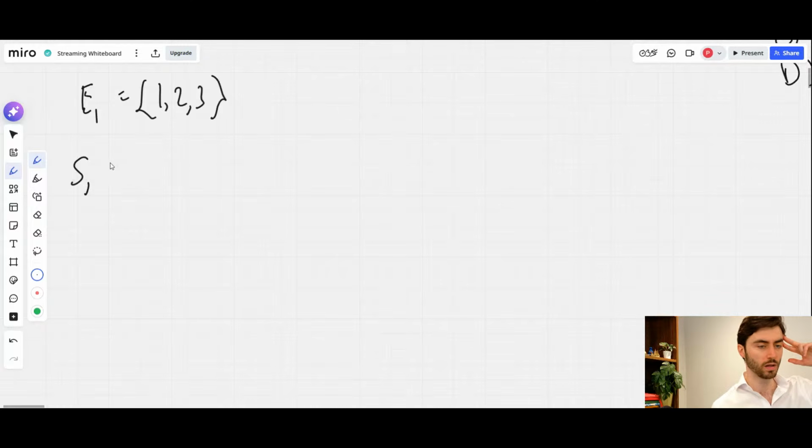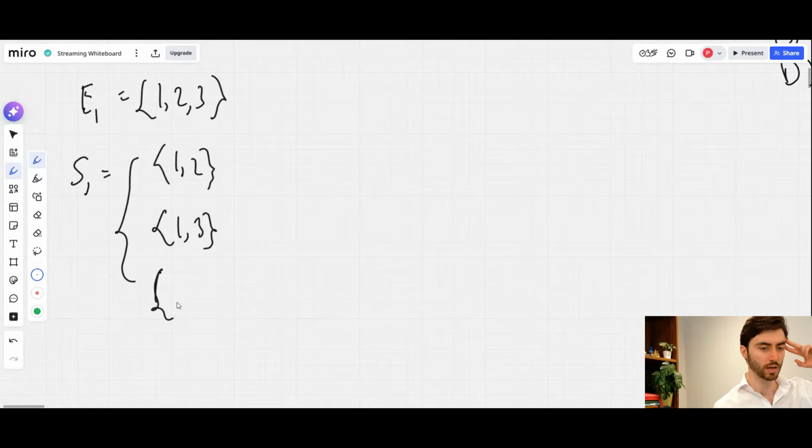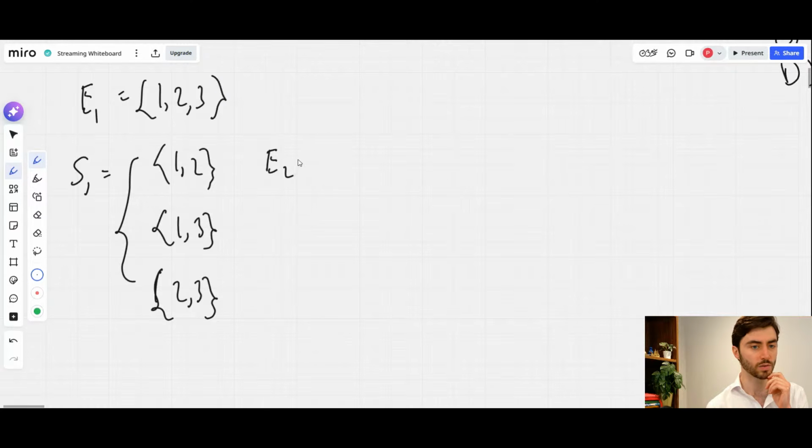So S1 could be 1, 2, it could be 1, 3, it could be 2, 3, with equal probabilities. Now, E2 is E1 minus S1. So in this case, E2 would equal the set containing 3. In this case, E2 would have the set containing 2. In this case, E2 has the set containing 1.